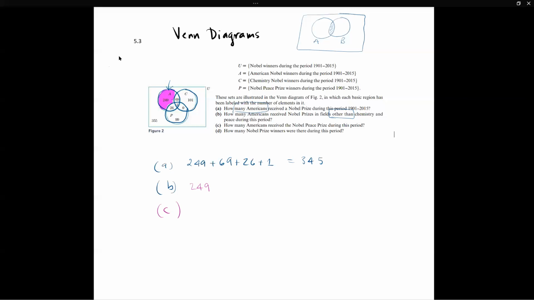Now we're looking at the Peace Prize, but we want how many Americans, so we want it to intersect with the Americans set. So their intersection is 26 plus 1, 27.